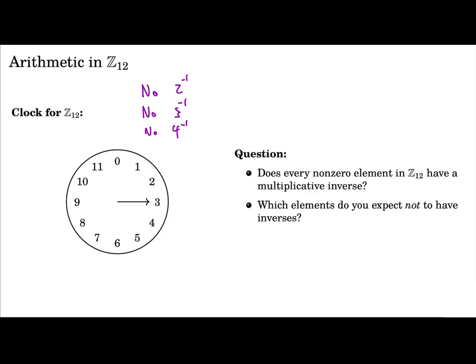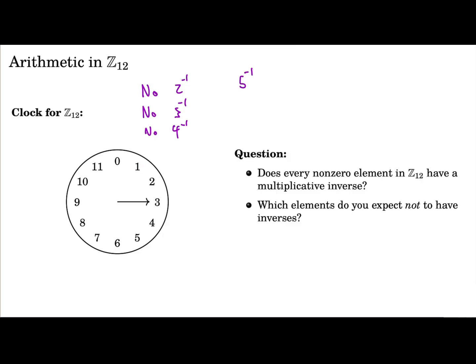What about 5? 5 does not divide 12. So if you go by 5s, you'll go 5, 10, then 1, 2, 3, 4, 5, then 1, 2, 3, 4, 5. Oh, there is a number that you multiply by 5.